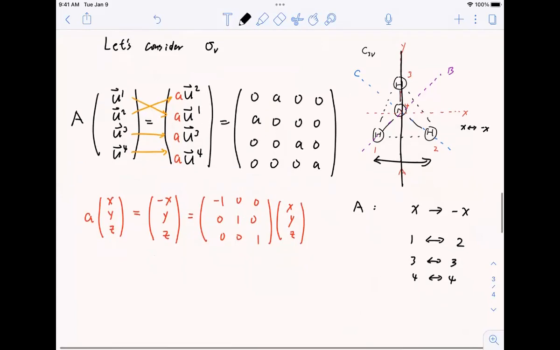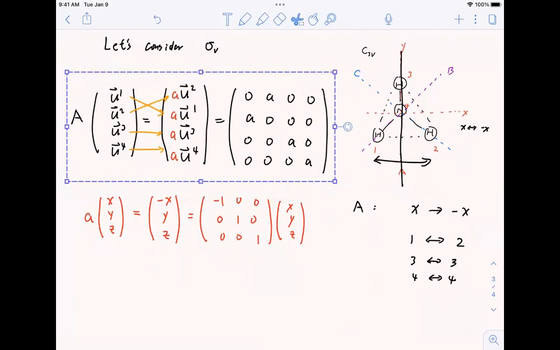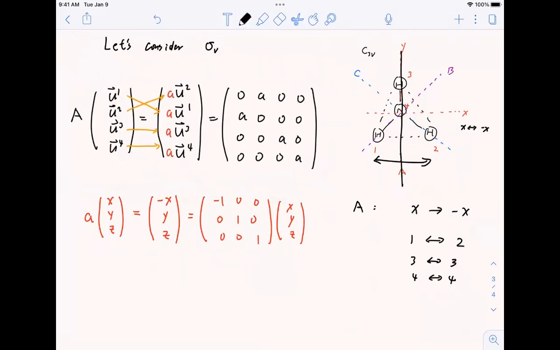Not enough space, let me shrink it slightly. You can just copy this.